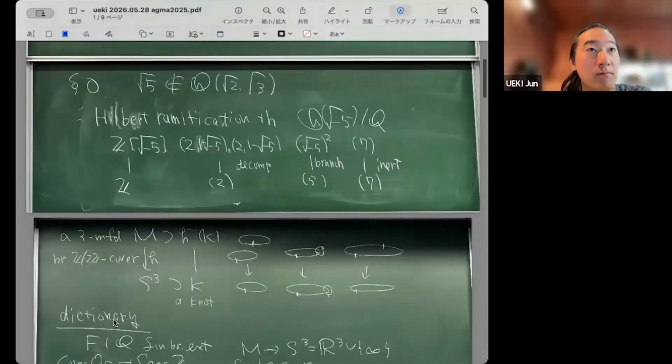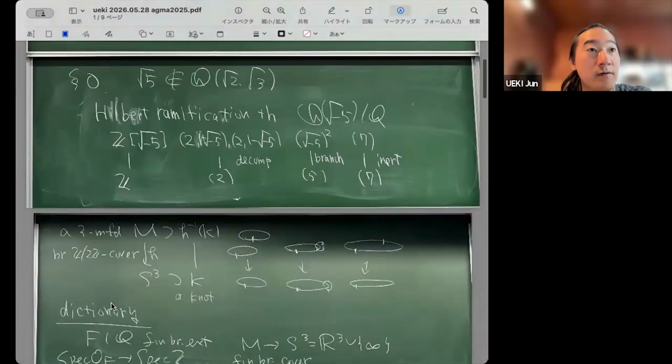Similar phenomenon we can observe for 3-manifolds. Let us consider a branched double cover of the 3-sphere, and let K be a knot in S3. Then we consider the inverse image of the knot.